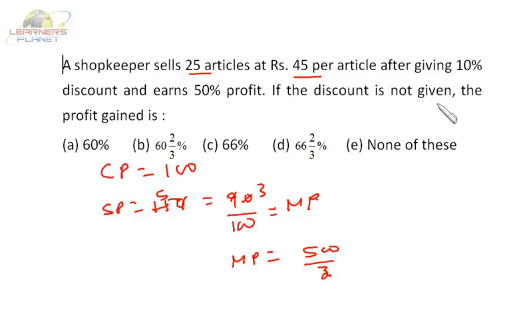So if the discount is not given, the profit percent is? If 500 by 3 is the mark price and 100 rupees is the cost price, we have to find out the profit percent. So let's calculate this. That means the selling price and the mark price, both of them are same.